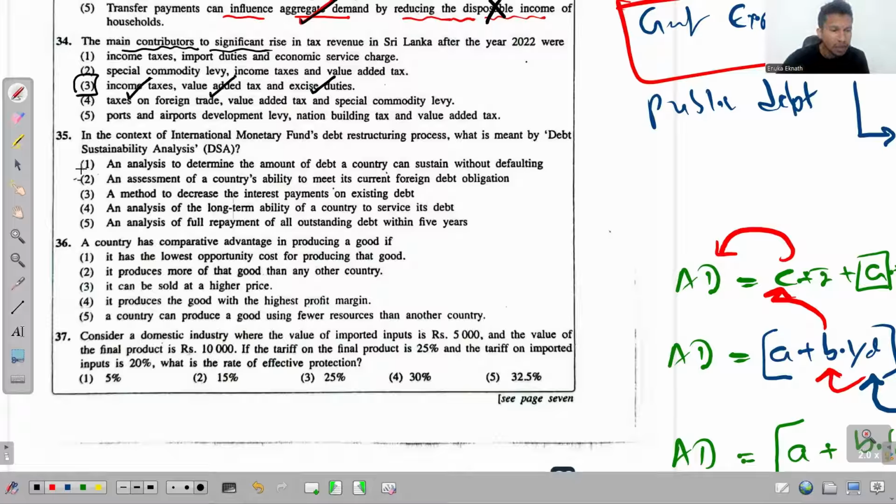And the answer has to be this first one. It is an analysis done to determine the amount of debt a country can sustain without defaulting. So the answer for question 35 is the first one.